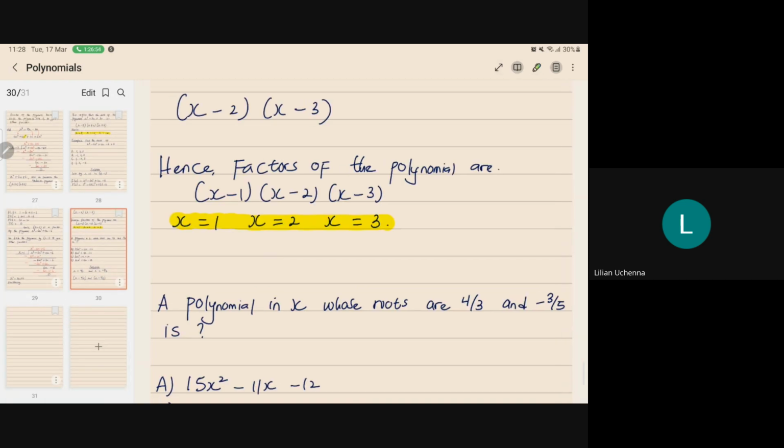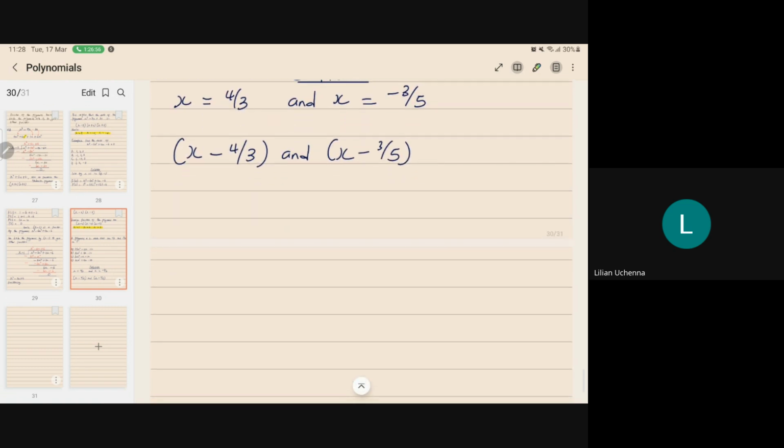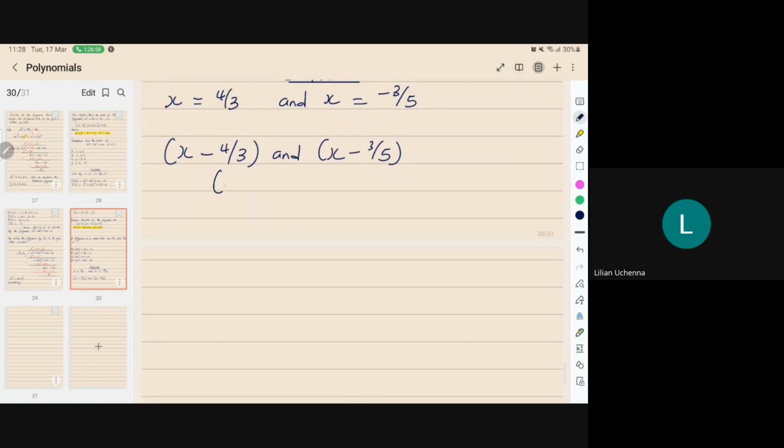That's what it means. If they said x is that, that means you have to open up the bracket that way, with the negative sign. So first thing you're going to do, remove those fractions. So now, for this one, multiply by 3 to remove the fraction.